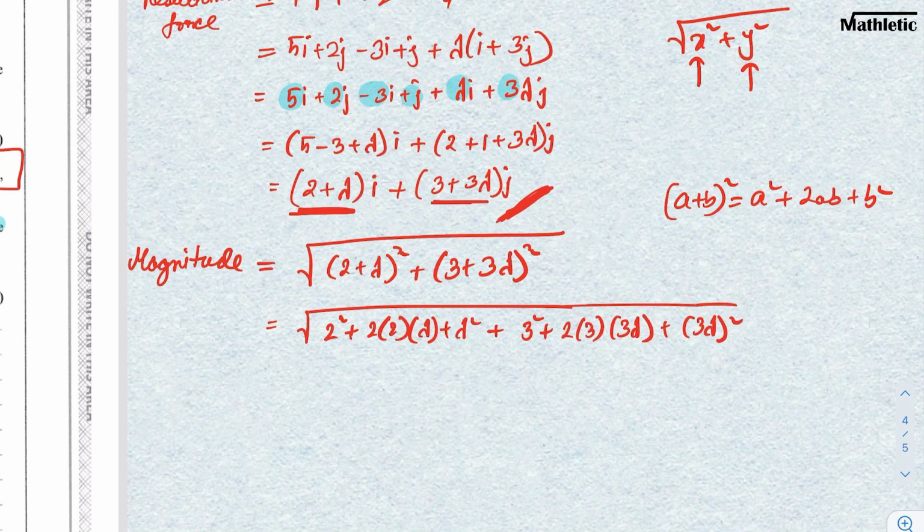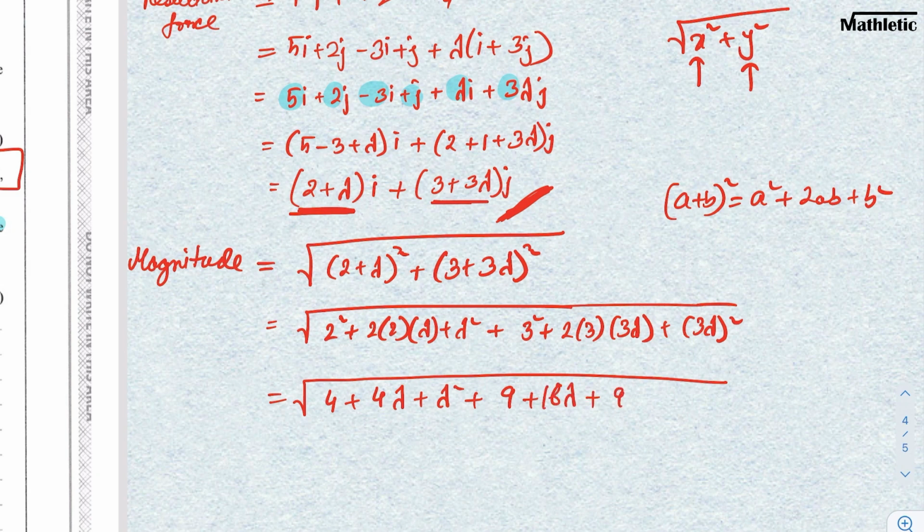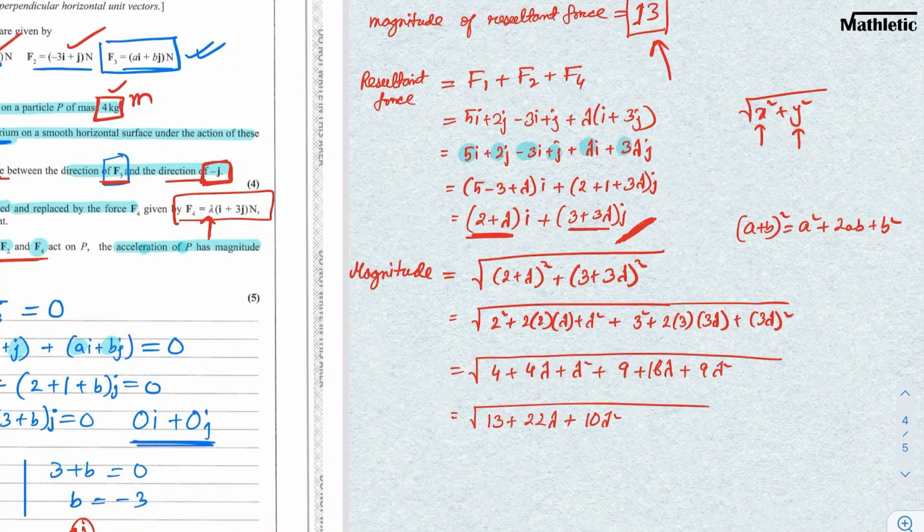Next I will simplify this. So the magnitude here is the numerical value, which is 13. So we can substitute 13 here. Shifting this root to the left side, we will get 13 squared.